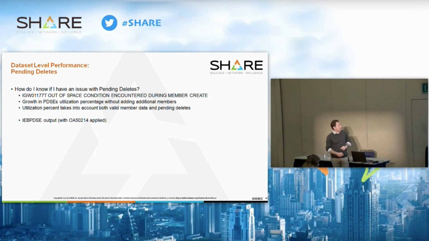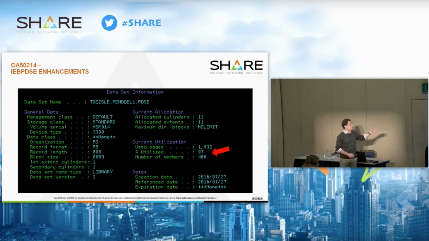Fairly recently, we added a new output parameter, a statistic, to IEBPDSE, which is the PDSE validation tool, that will actually tell you exactly how many pending deletes you have in your PDSE data set. And what we're looking at here is an I display. As I mentioned, we have a member count, like normal, and we have a utilization percentage.